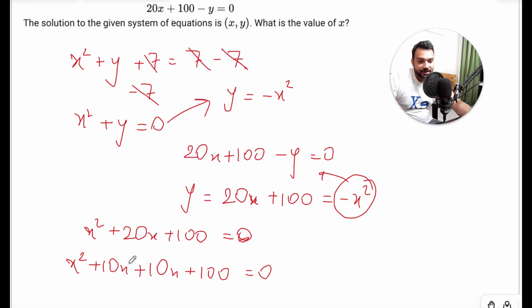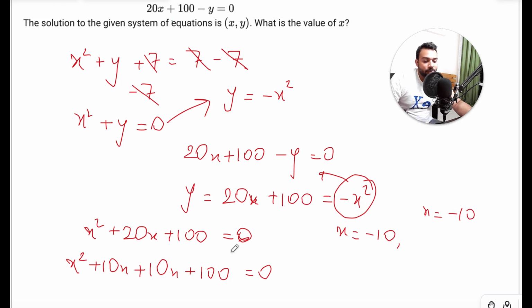Now if you check the discriminant of this equation, which I can guess already that it must be a 0, because the solutions are looking to be the same. x is equal to 10 and x is equal to 10. Sorry, x is equal to negative 10. That's the solution. Negative 10 and x is equal to negative 10.